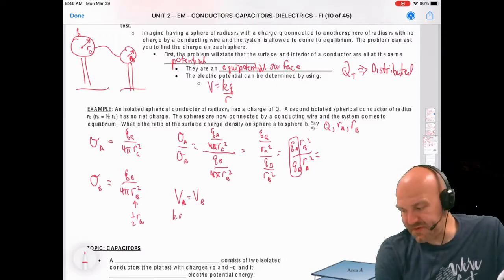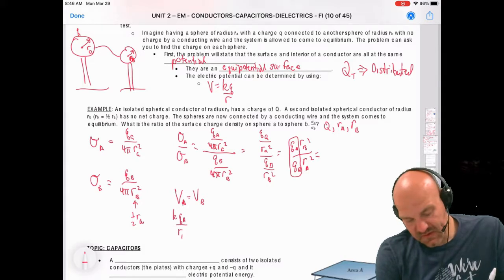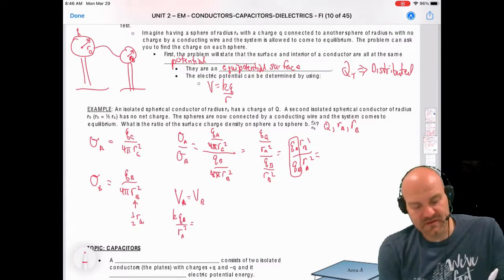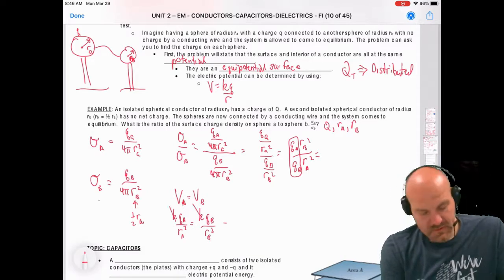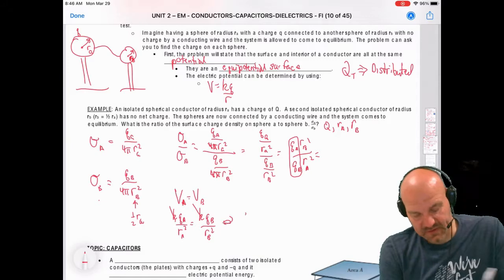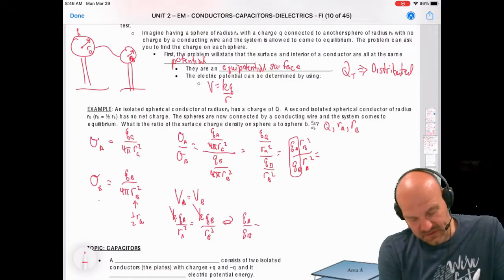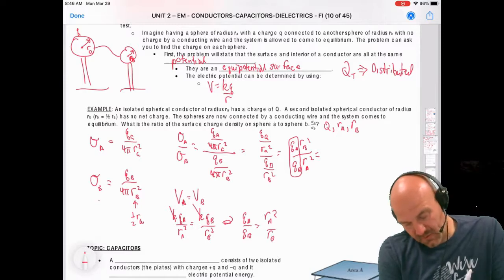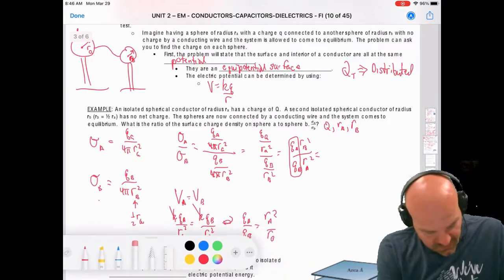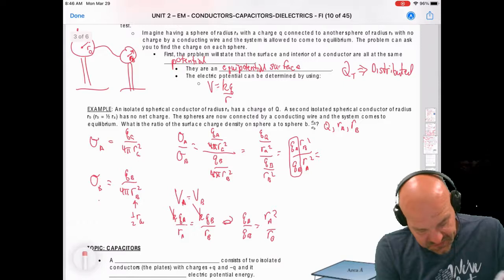Equipotential just tells me that the potential is going to be the same. So the k's cancel out. With a little algebra, I get QA over QB equals RA over RB. It's not squared, sorry, it's just R.